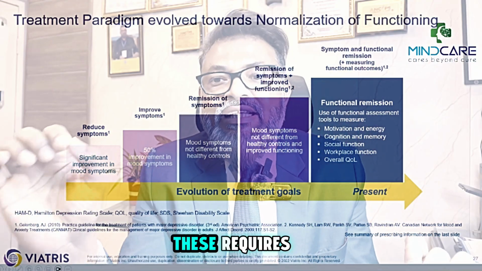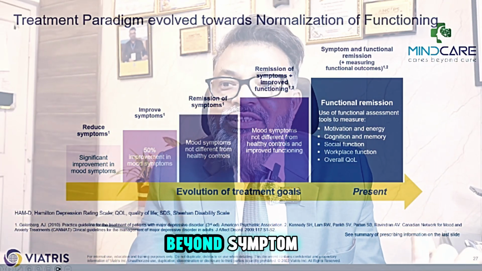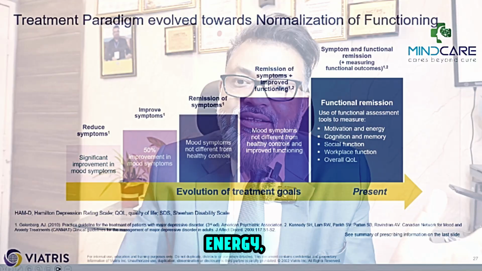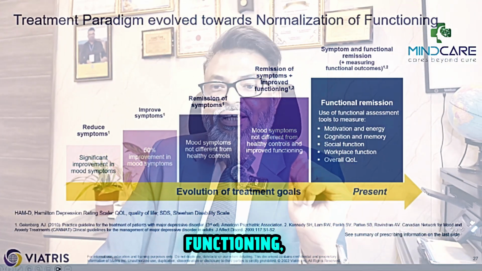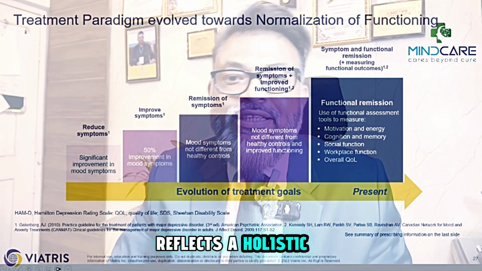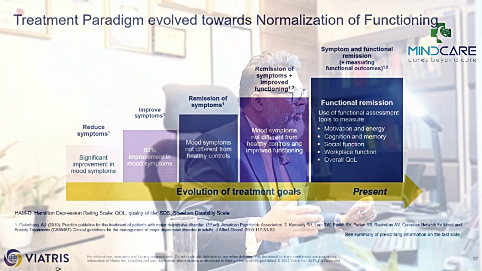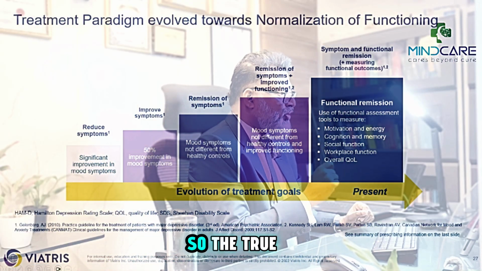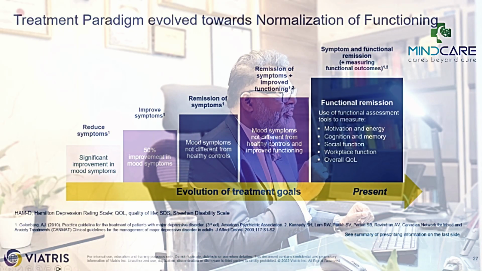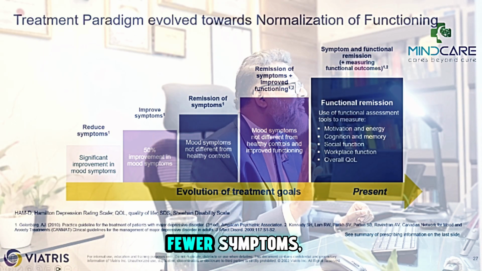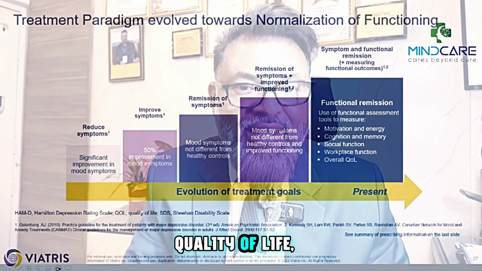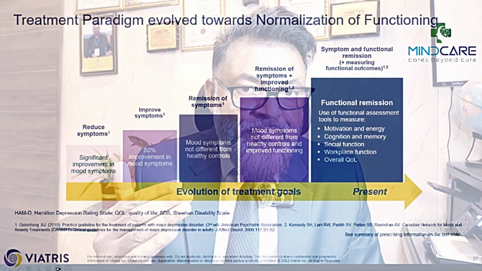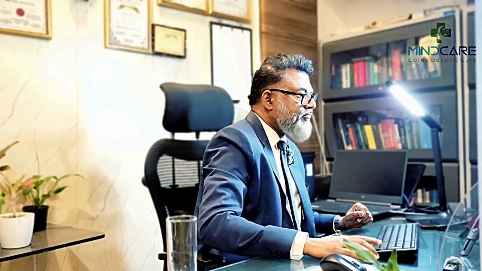Measuring these requires tools beyond symptom scales, such as assessment of energy, cognition, and role functioning. This paradigm reflects a holistic goal, the normalization of functioning, and not merely reduction of distress. So the true endpoint of treatment is not fewer symptoms, but the quality of life and the functionality of the patient.